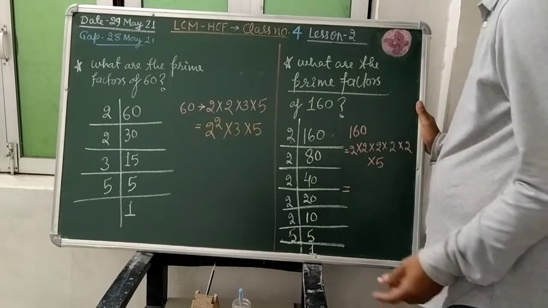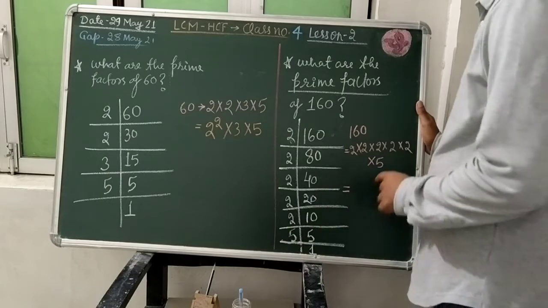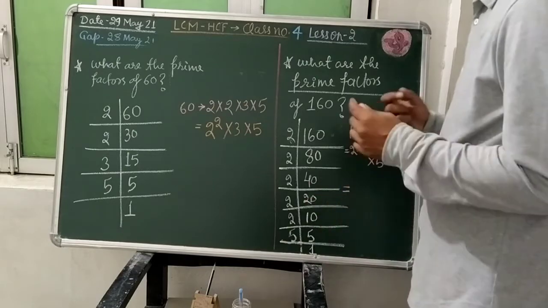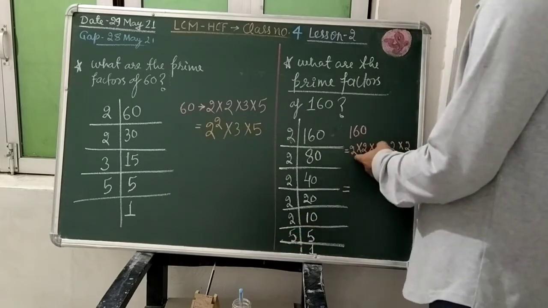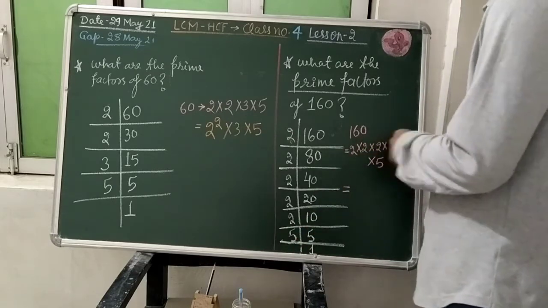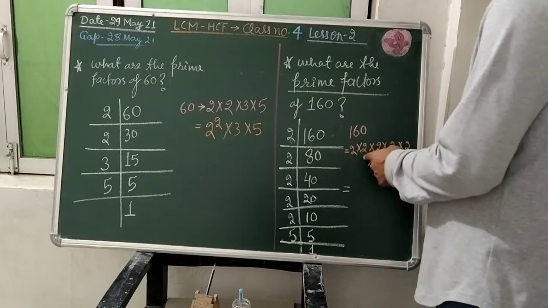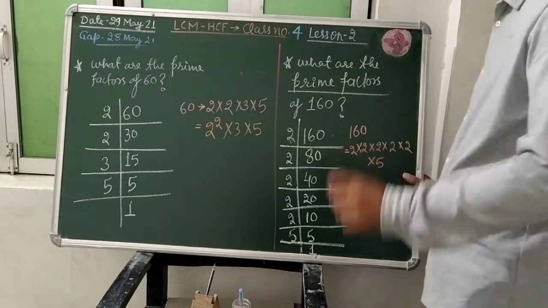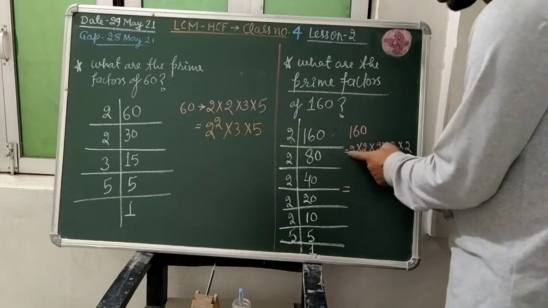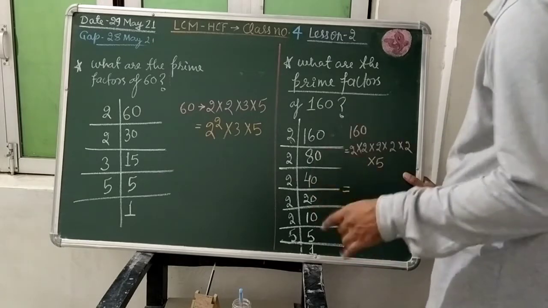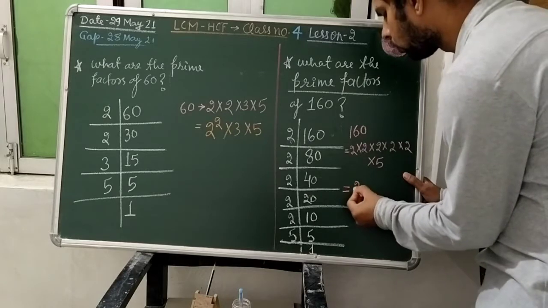If a number is written with the multiply operator, suppose the number 2 is present 5 times, meaning this number 2 has a power of 5.